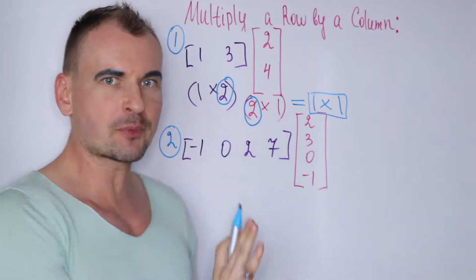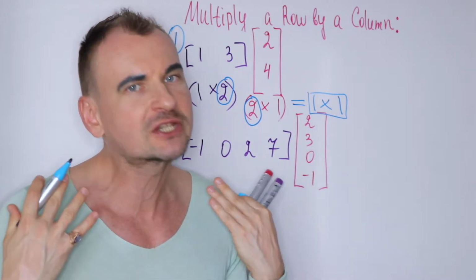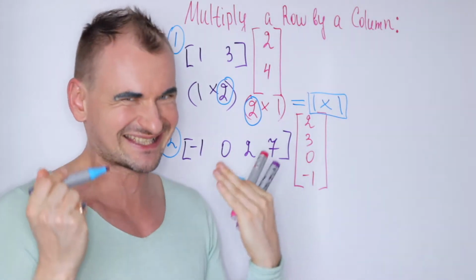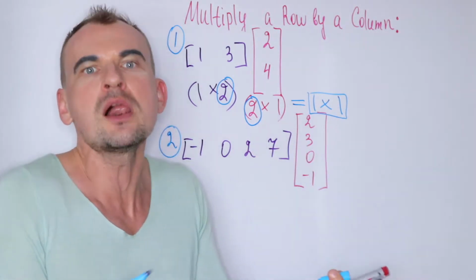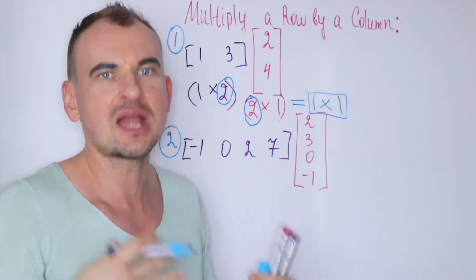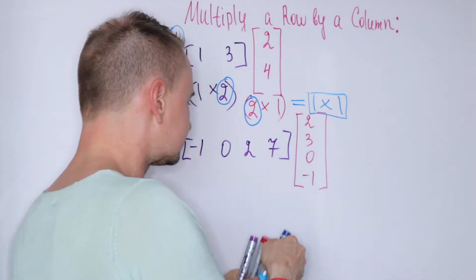For all of these problems, whatever you are given, you can always check in advance the size, or the order, of the resulting matrix, so what we are going to have as the output. Now let's perform multiplication.